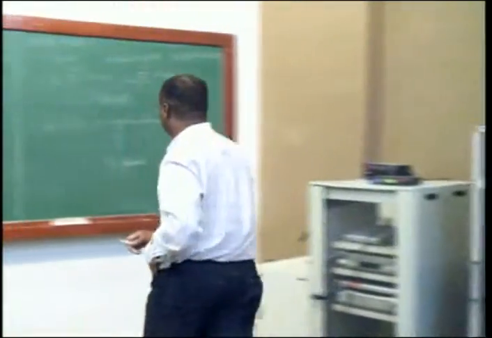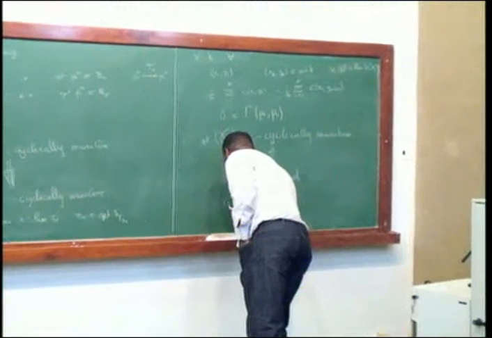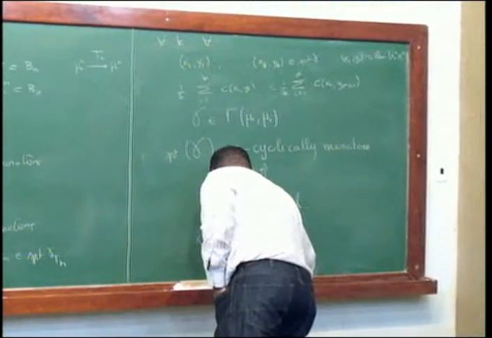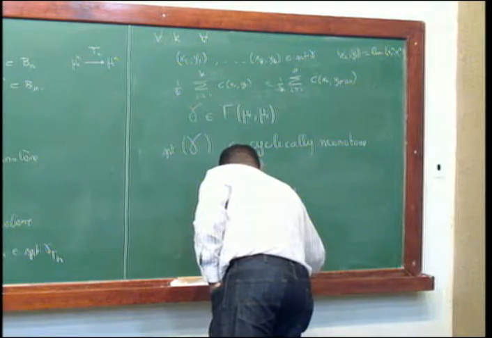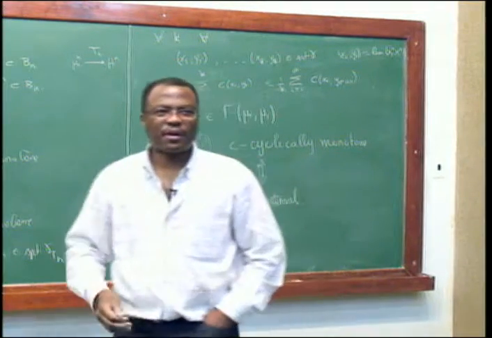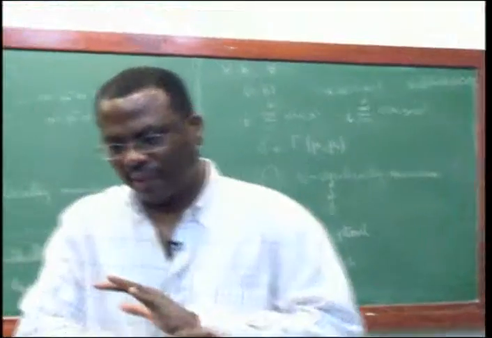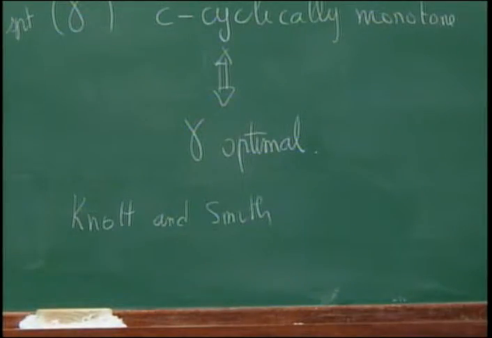So this may be due to Knott and Smith. Yes, and this is a remarkable result, that you have a geometric characterization of the optimizer.